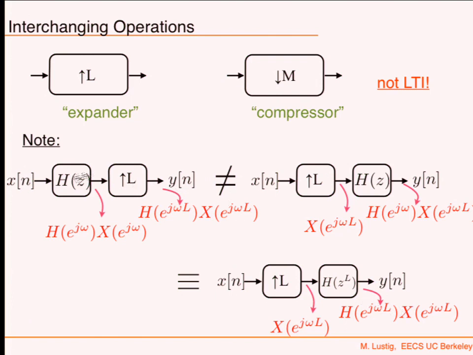So if I exchange the filtering with an expander, I can do that if I take my system and compress it in the frequency domain by a factor of L. Or in fact, expand my system. And it kind of makes sense. What it does really, it expands your system too. So you know what the system is, you just expand it as well. And so everything should fall down in the right place.